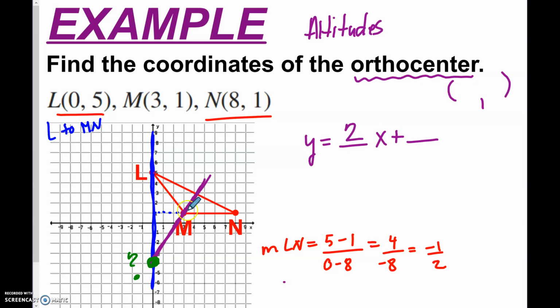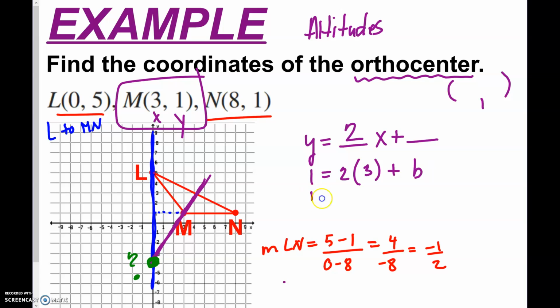One point I know it's going through is that vertex, M. In place of y I'm going to put a 1, in place of x I'm going to put a 3, and solve for my y-intercept. So 1 equals 6 plus b, subtract 6, negative 5 equals b.